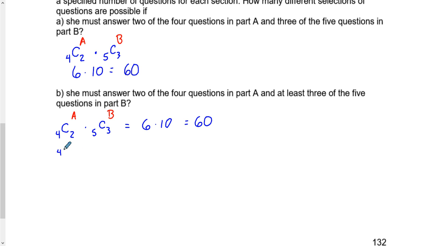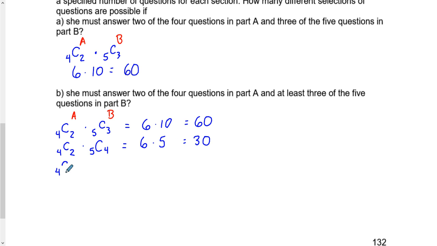But if she has to select 2 from the 4, and at least 3, it means that she could also select 4. And that would turn into a 6 times 5 situation, which is 30. 5C4 is 5.